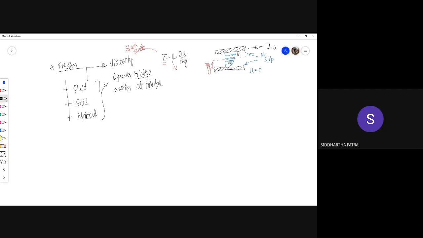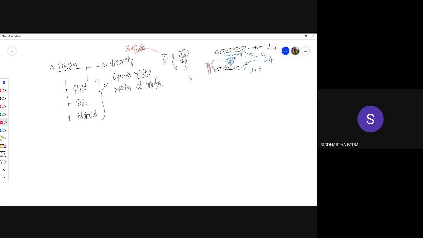So this is how u is changing with y, and all you have to do is get the slope of this, and that slope times the viscosity gives you the shear force. So that is fluid friction. And one thing to notice is that that is rate dependent. That means it is dependent on the velocity of the fluid. Number one.